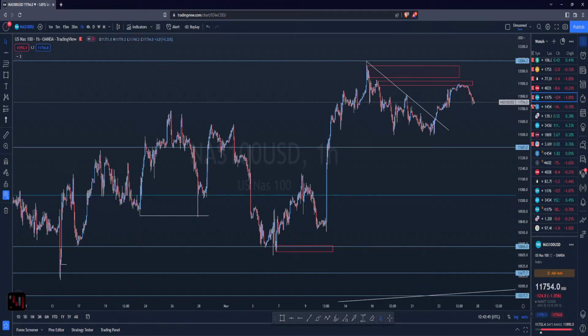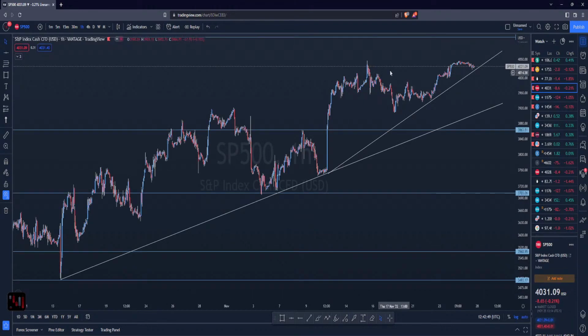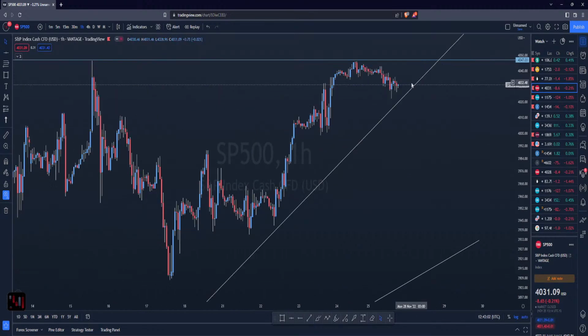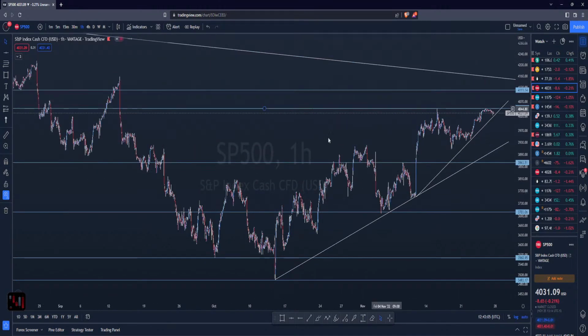Curious to see that NASDAQ is going down and Dow has been going up. S&P, did it break the high or not? Didn't really break the high. We are kind of retesting now the trend line.